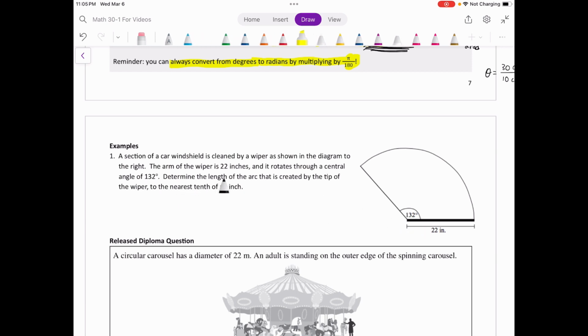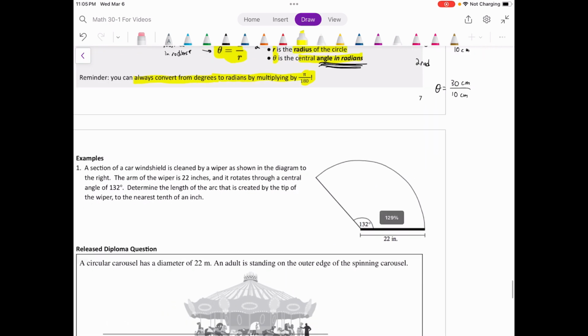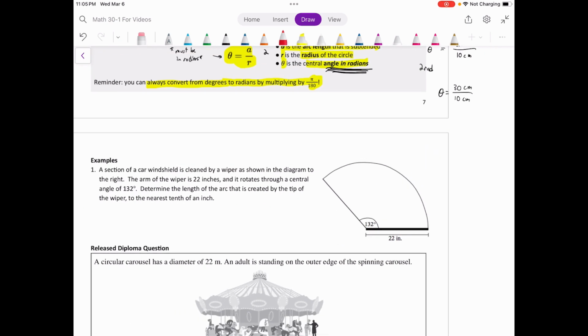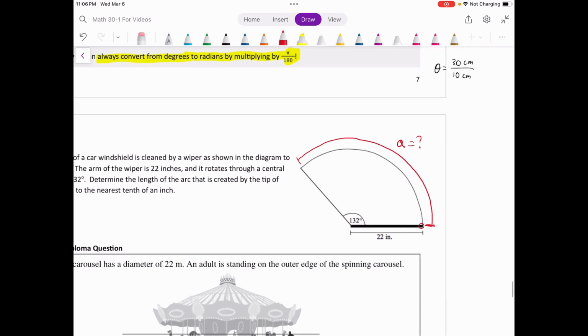We want to determine the length of the arc that is created by the tip of the wiper to the nearest tenth of an inch. Remember, the arc is the distance traveled along the circumference of the circular path. So this is what we want to figure out. How long is that arc length? How far have we actually traveled there, the tip of the wiper?